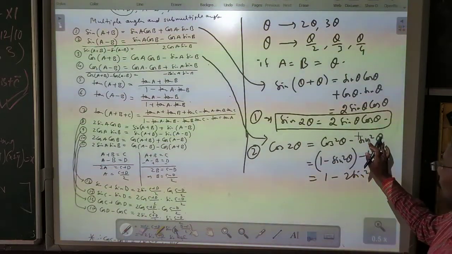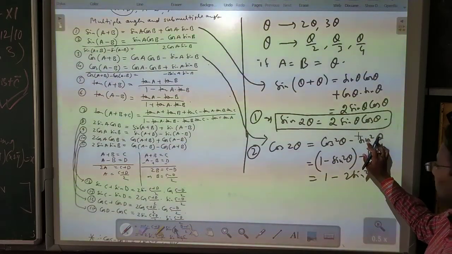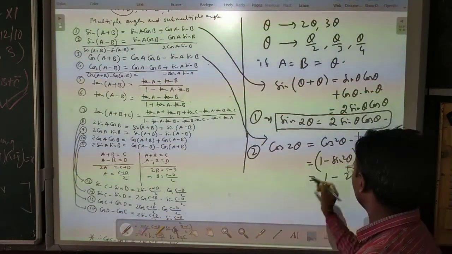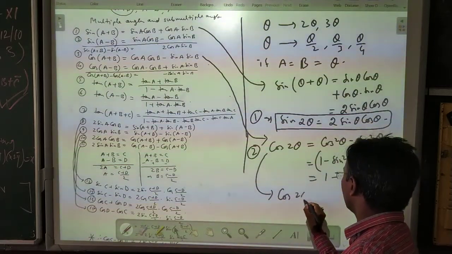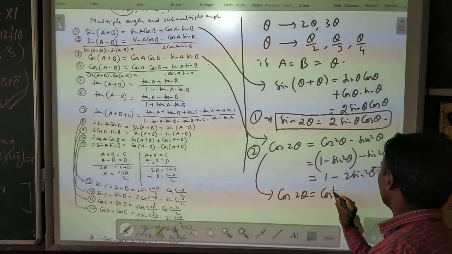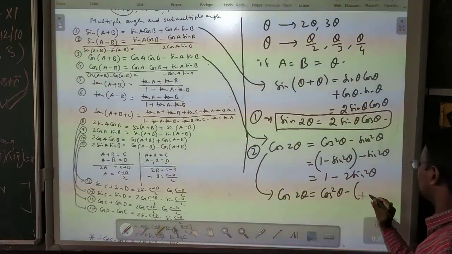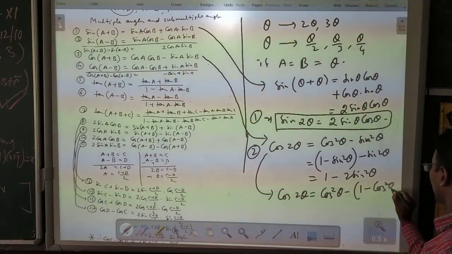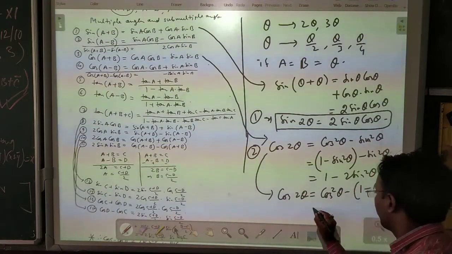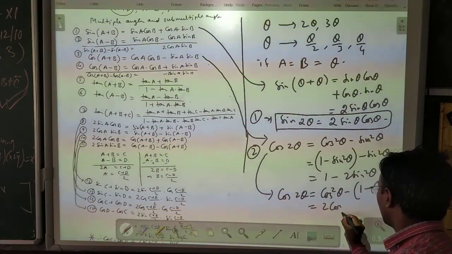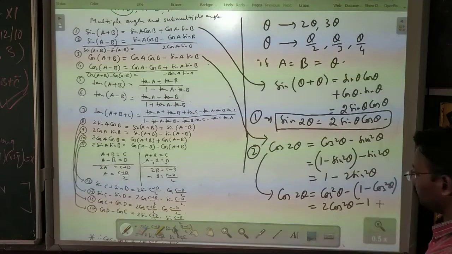So you can write 1 minus cos square theta in place of sin square theta. So from here we get cos square theta minus (1 minus cos square theta), that is sin square theta. So it is 2 cos square theta minus 1.